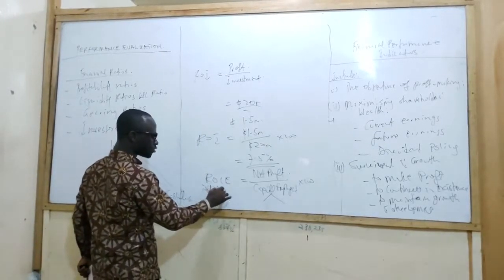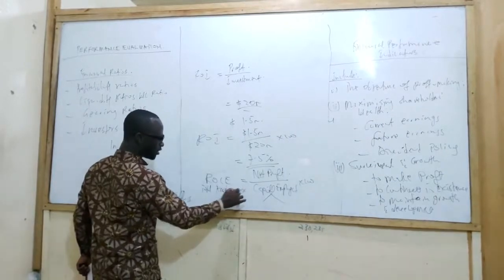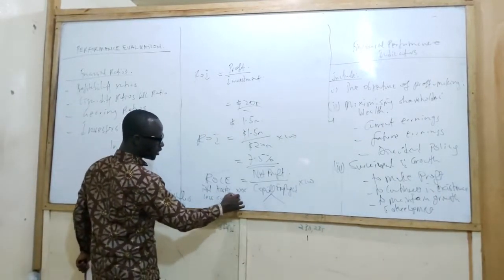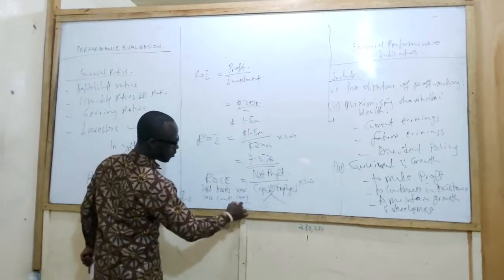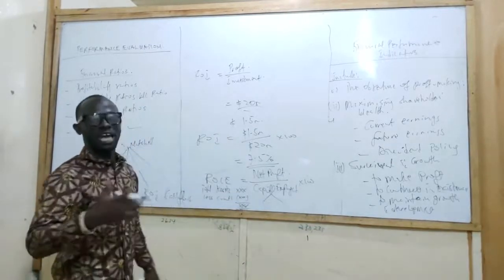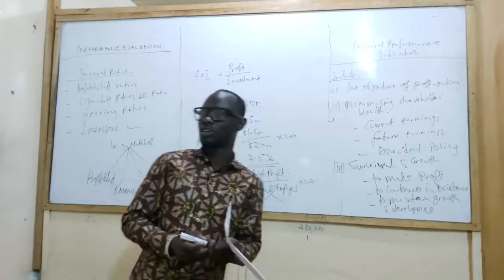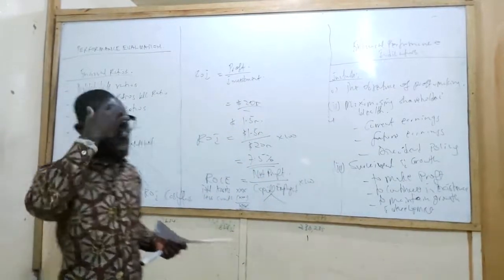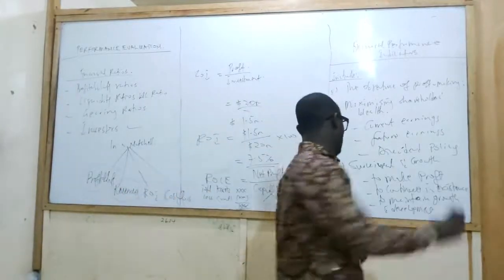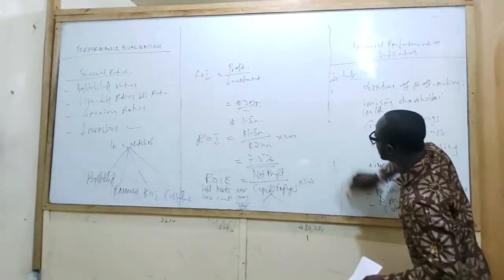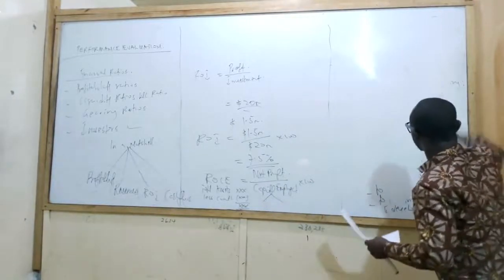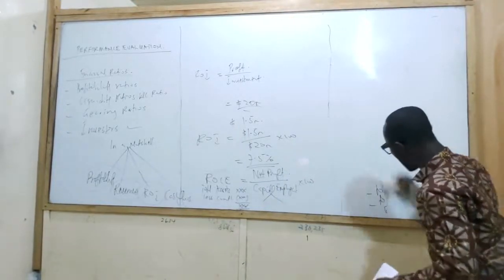There are two ways. Total assets less current liabilities, or shareholders' funds plus long-term finance. These are the two ways capital employed could be calculated.